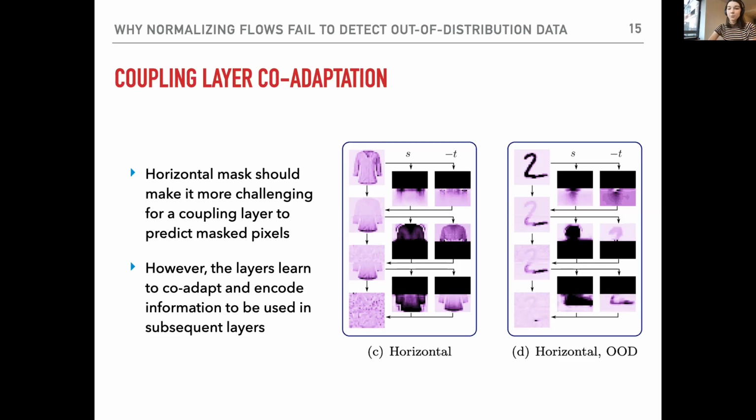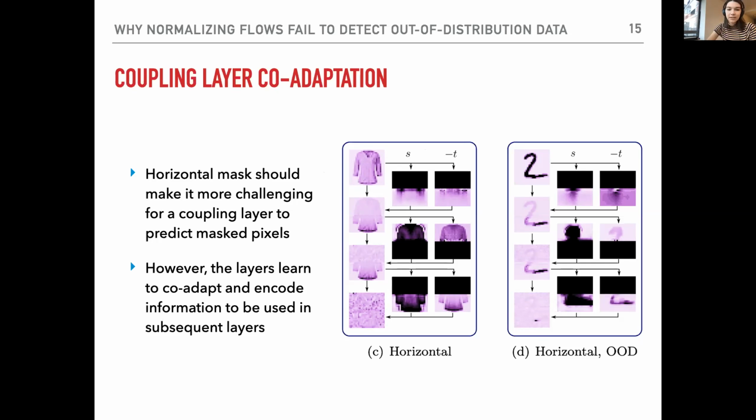In this case, it would be very hard to predict the masked pixels from the observed pixels on OOD data. If we train on Fashion MNIST, we can only learn to predict the bottom of the shoe or skirts or dresses images, and vice versa. And we never saw something like an image of a two.